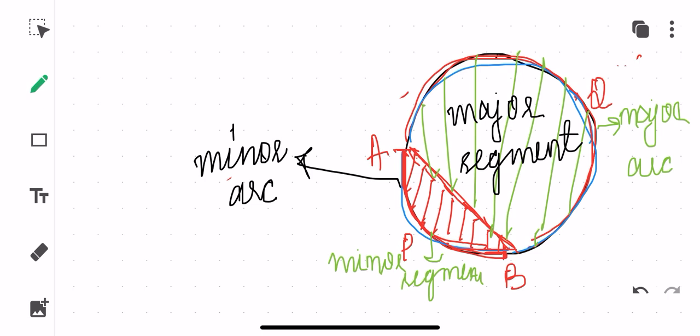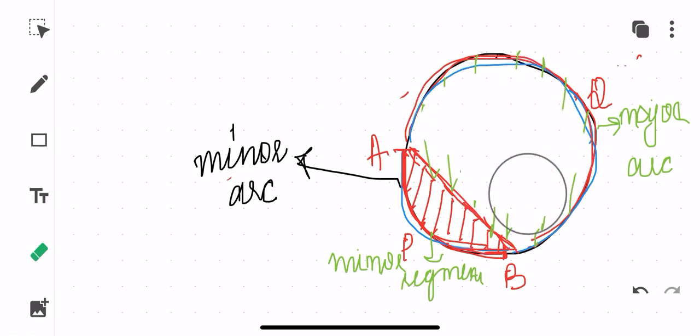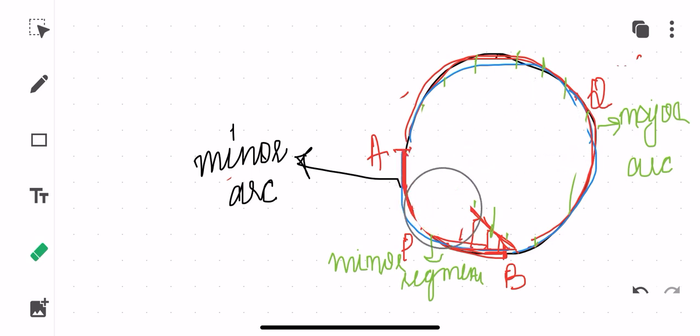Okay, so now we'll be moving to the next thing, children, that is called sector. Now what is sector, children? See, I'll be telling you in the same figure. If I just remove this part that has been explained already. Okay, so in this particular circle, children, suppose I am having what?